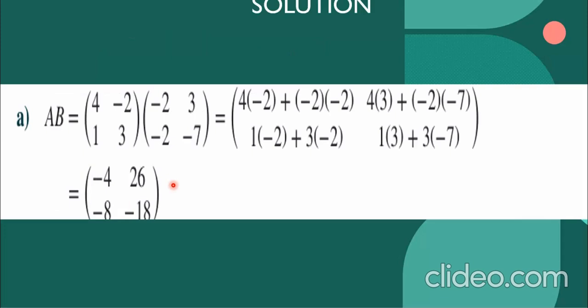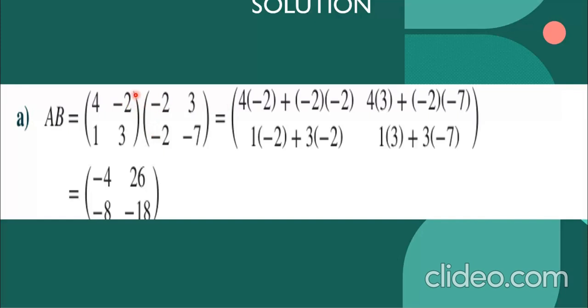So let's take practical. We are going to have 4 times minus 2, that's minus 2. Then minus 2 times minus 2.